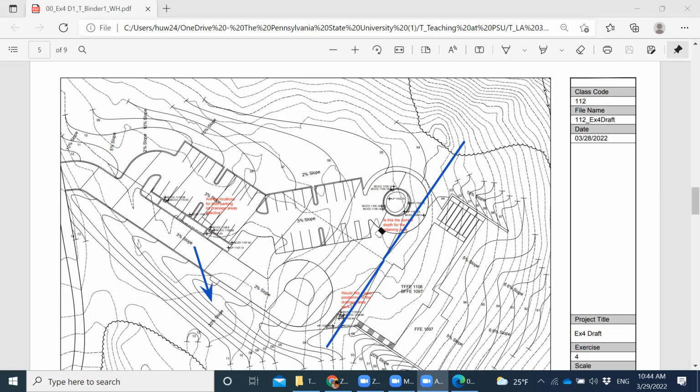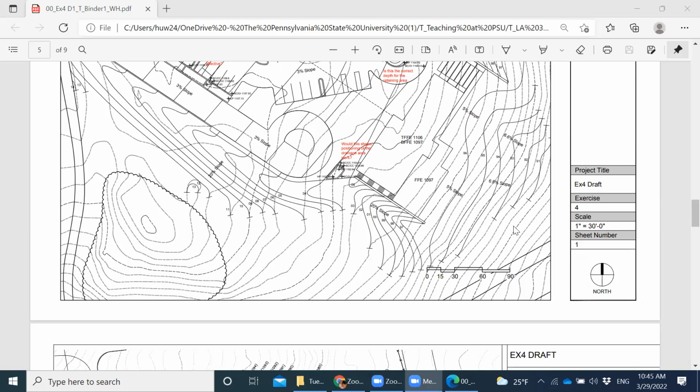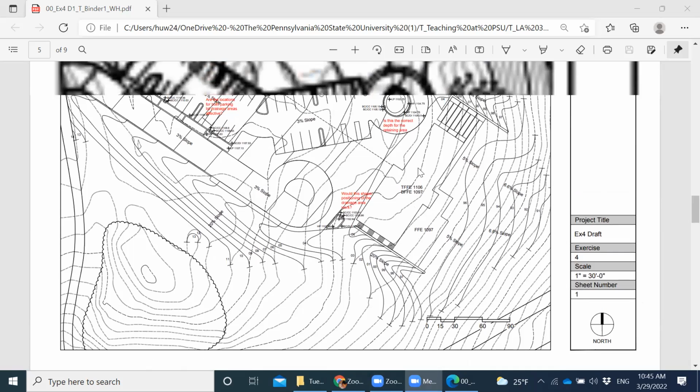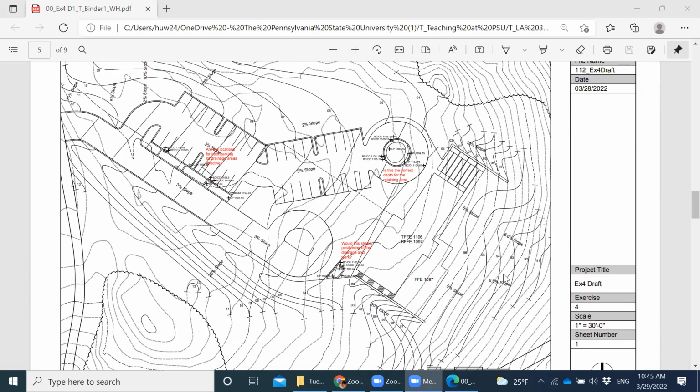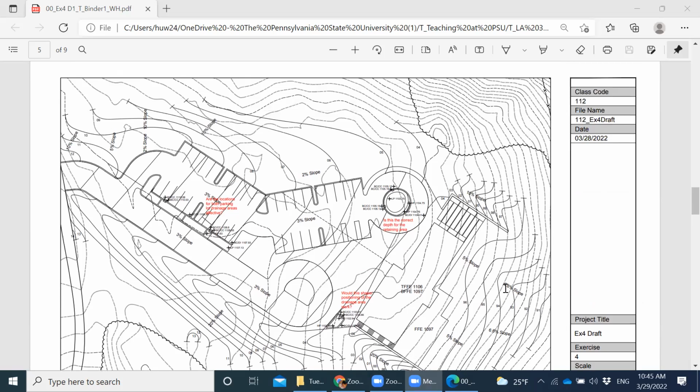So, let's see how much space you have. Okay, let's pull the building back. Once we pull the building back, the swale center line would not be too close to your building. And what can we do to this area?